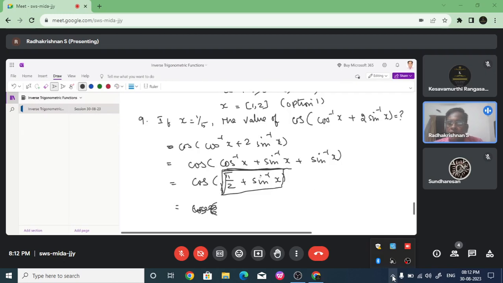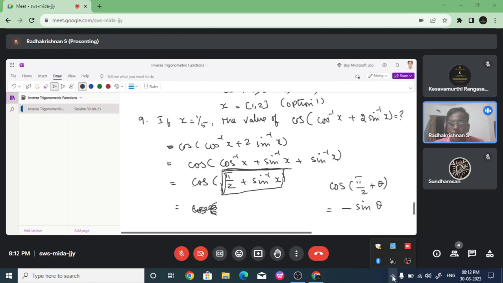You take it like this, sine inverse x is some theta. So don't look at the inverse at all now. Simply look at cos of pi by 2 plus theta. What is cos of pi by 2 plus theta? Second quadrant, cos is negative. Yeah. So since pi by 2 is there, sin has to come. Simply minus sin theta. The basic trigonometry rule: cos of pi by 2 plus theta equal to minus sin of theta.